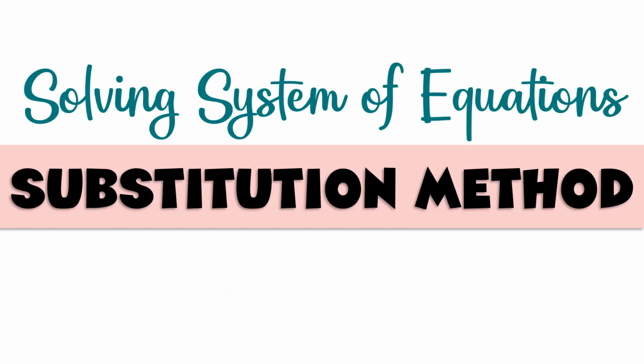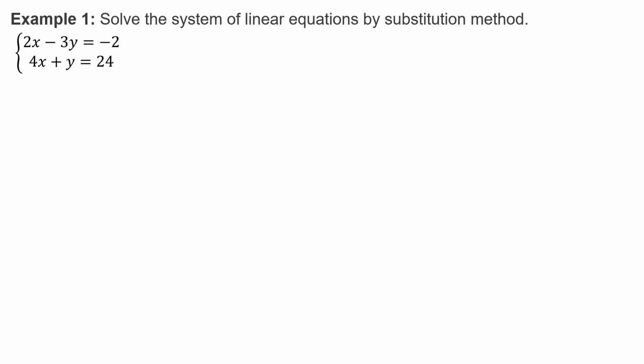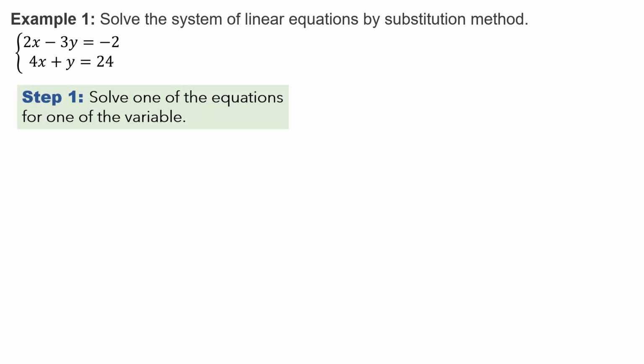Solving system of equations using substitution method. To solve this system of linear equations by substitution method, the first step is to solve one of the equations for one of the variables. You may decide if you want to solve for x or for y, or if you want to use the first or the second equation. What I want to use is the second equation. Why?